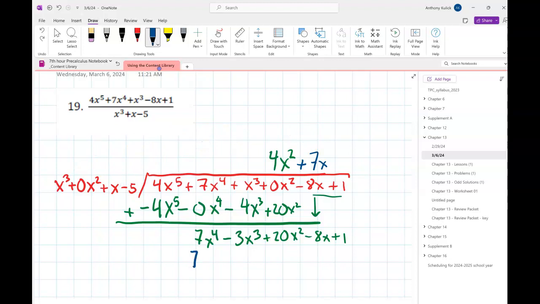And I'll write that underneath. Nathan, you doing so far okay? Okay. And then we'll subtract down. But remember, don't think about this as subtraction. Distribute the negative and make an addition problem.